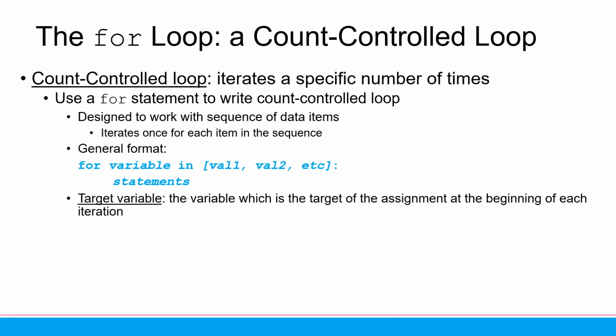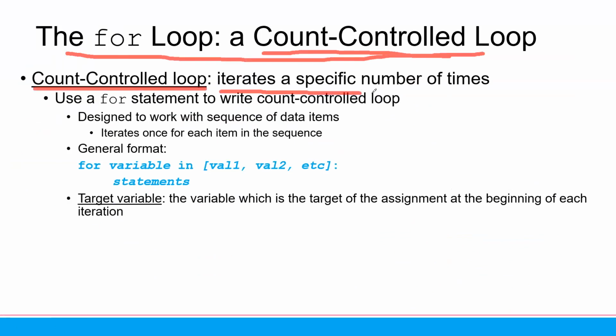When we do the loop, there is another kind of syntax to indicate the loop, which is the for loop. The for loop means we want to use count control. Count control means we want to iterate a specific number of times.